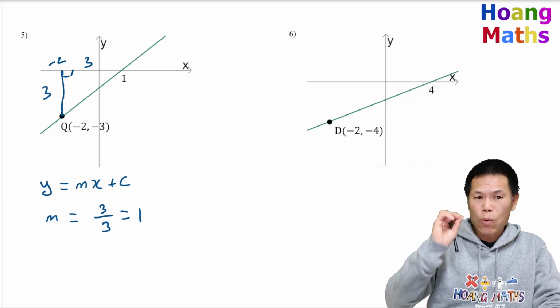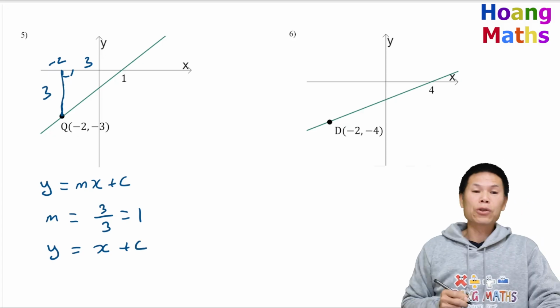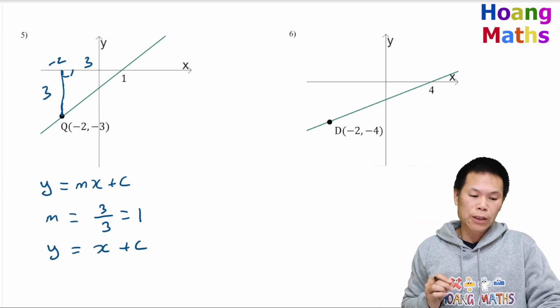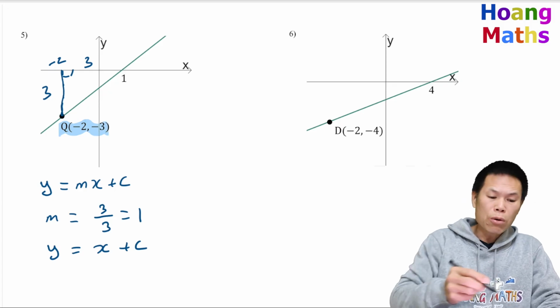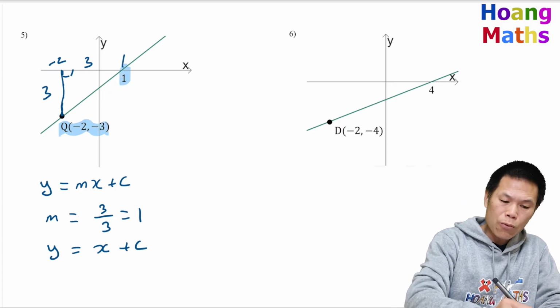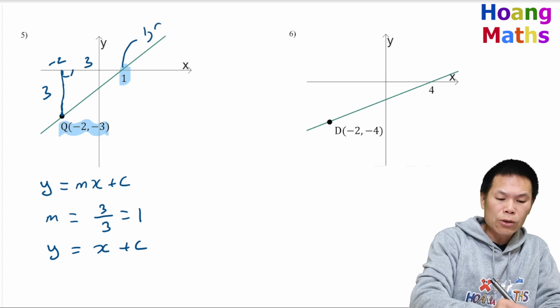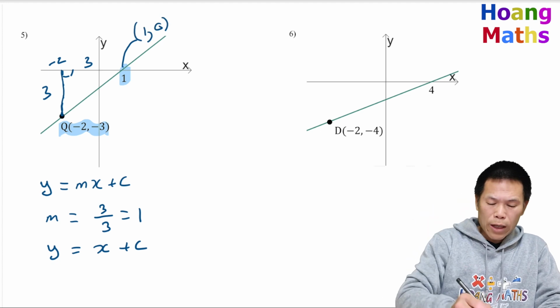m times x, so 1 times x is x. So y equals x, and we add c. Now we just need to find the value of c. We can either use this point here, point q, or we can use this point here, which is when x is 1, y equals 0. Don't forget this point. So let me just use 1, 0.